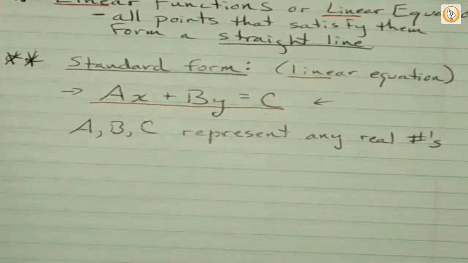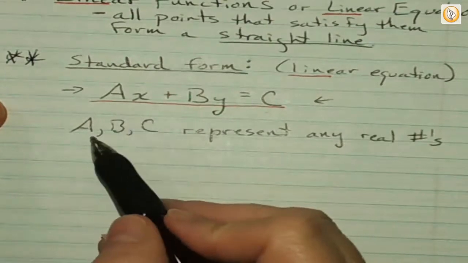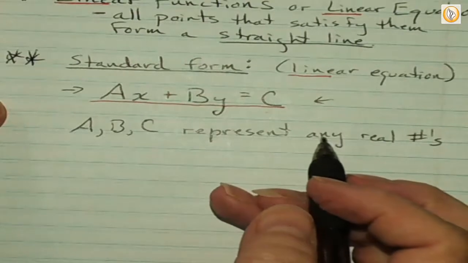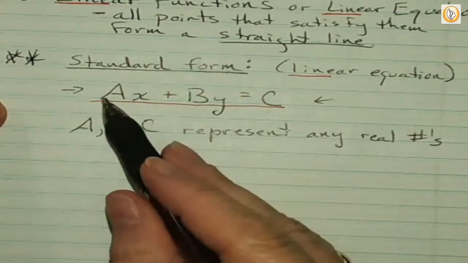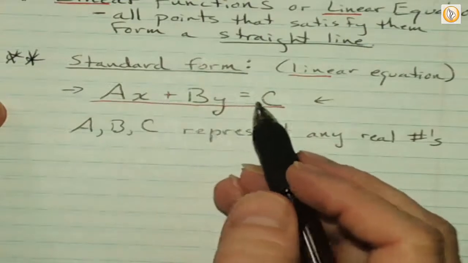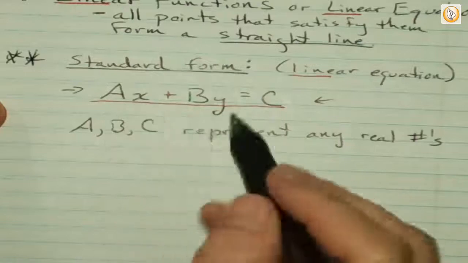I'd rather skip this and get to the good stuff, but we have to learn this. The letters here represent any real numbers. It can be any number here: 10x plus 13y equals 5,000. It doesn't matter. It just represents.